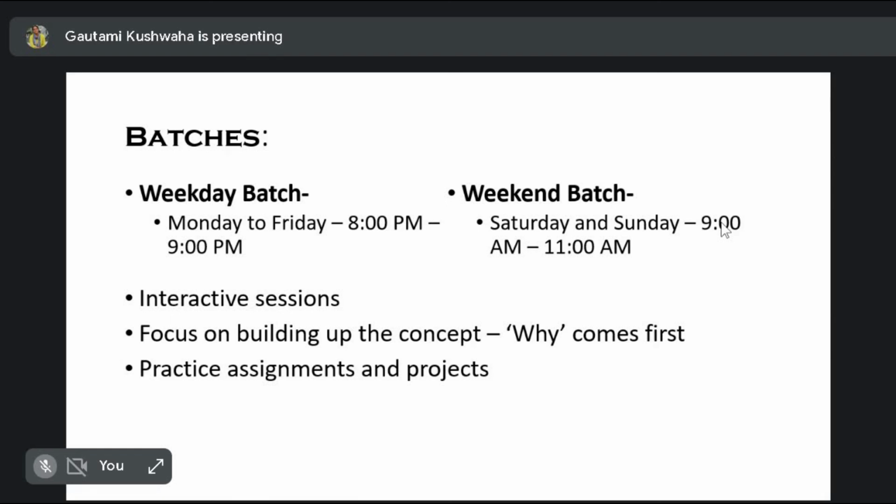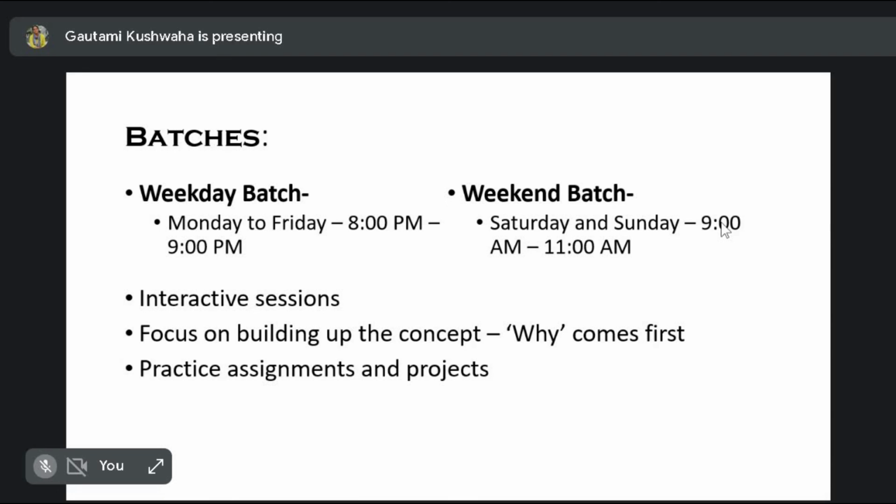So that in future, if you come across any new kind of software or any new kind of tool or problem, you'll be able to think on your own what you need to do in that particular case, because you know the concept so well about the data, about the tool, or about the problem. So this is one of the best things about our course.